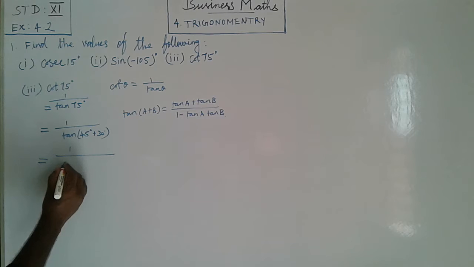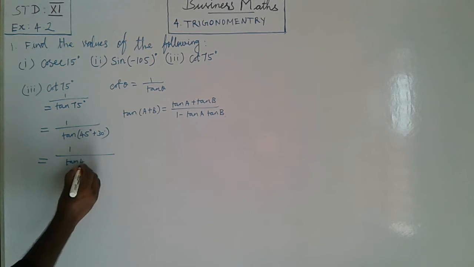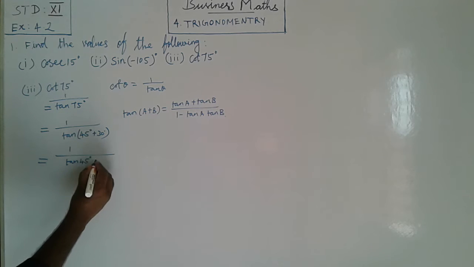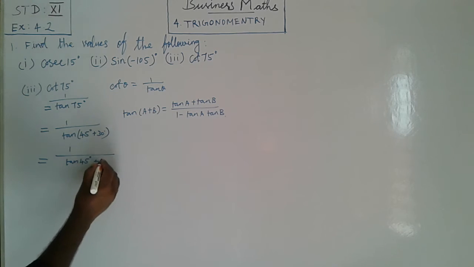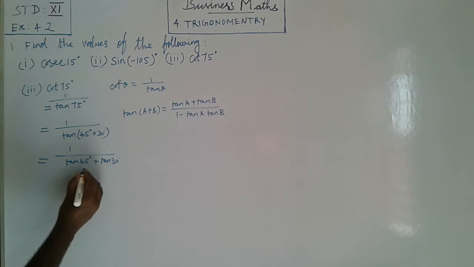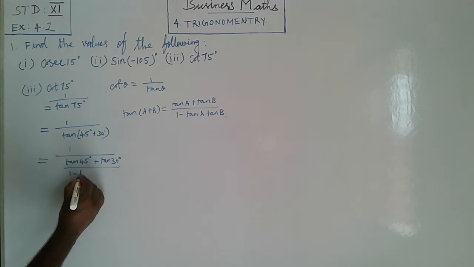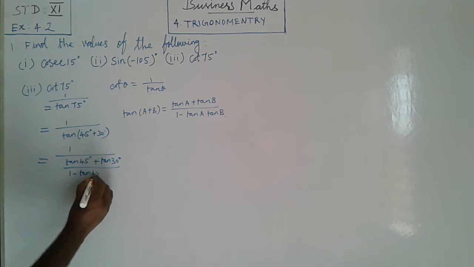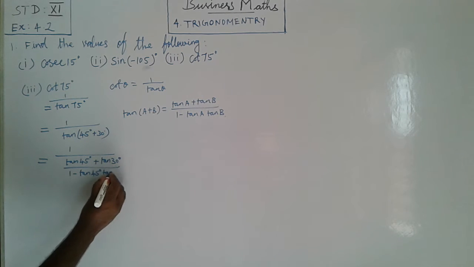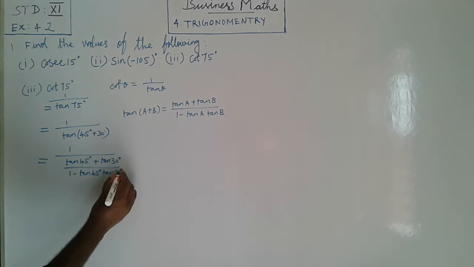1 divided by tan (a plus b) is tan a, tan 45 degree, a is 45 degree, plus tan b, b is 30 degree, tan 30 degree, divided by 1 minus tan a tan b, tan 45 degree into tan 30 degree.